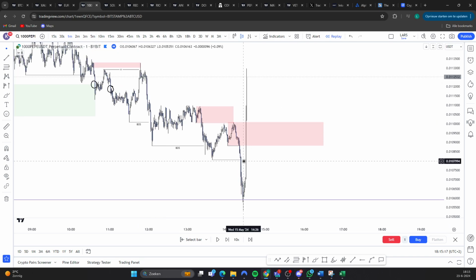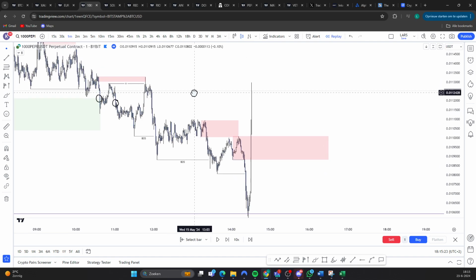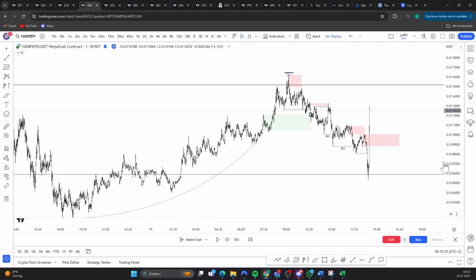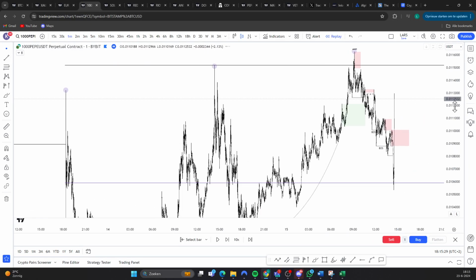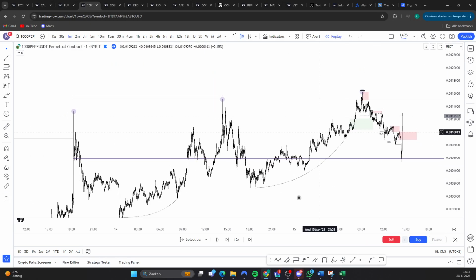Damn, what's this? A news event? 14:30, that's for sure a news event. Could just be a liquidity sweep for lower, for sure. Could you see this coming? Not really. The invalidation is still that high.